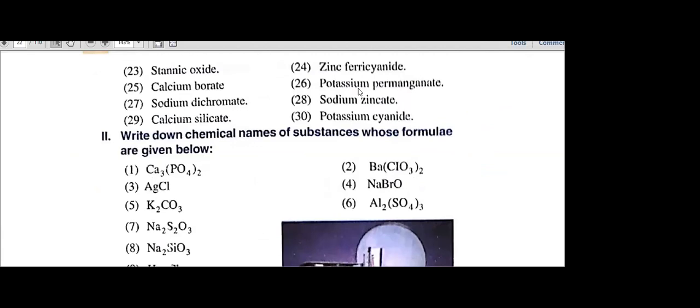Sir, 26th one, sir. Potassium permanganate, right? So again, potassium K. Sir, what is permanganate, sir? I didn't get to know it, sir. In the table it is given, no? In the table, every radical is given. Yes or no?